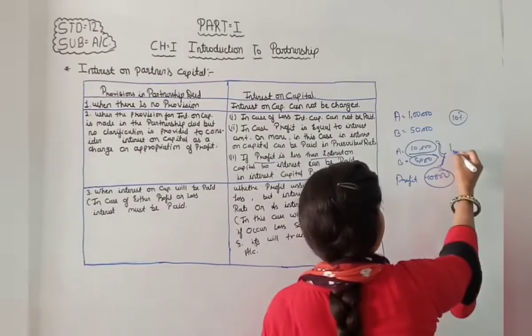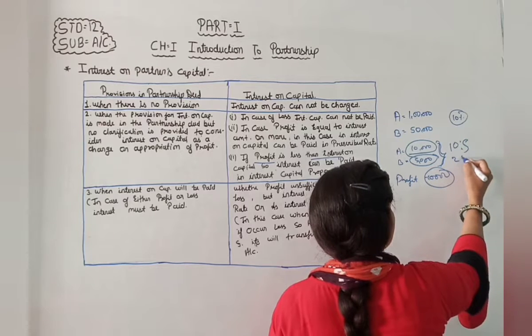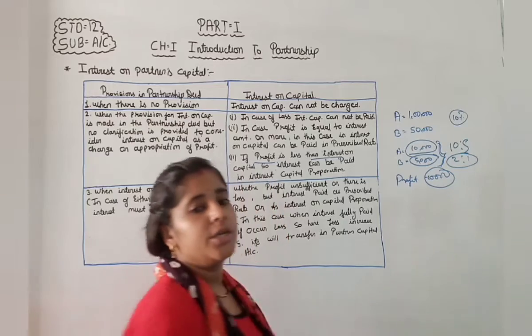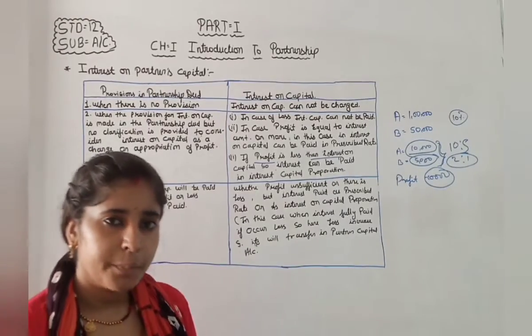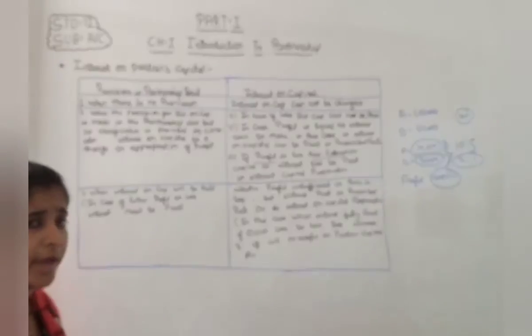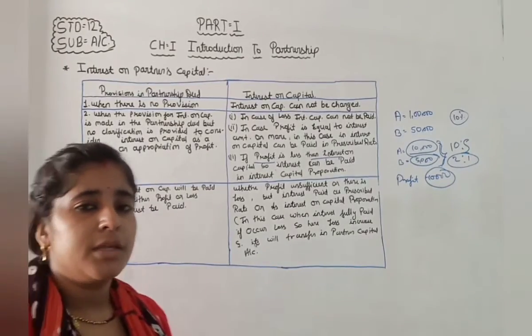So 10 to 5, meaning 2 to 1, is how we distribute interest on capital to partners. I hope this is clear. If you have any doubt, you can ask me in a live lecture.